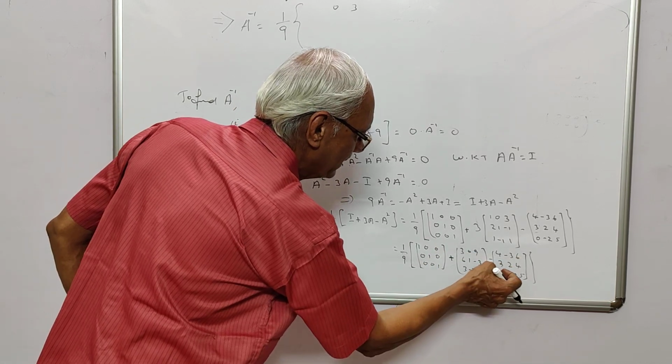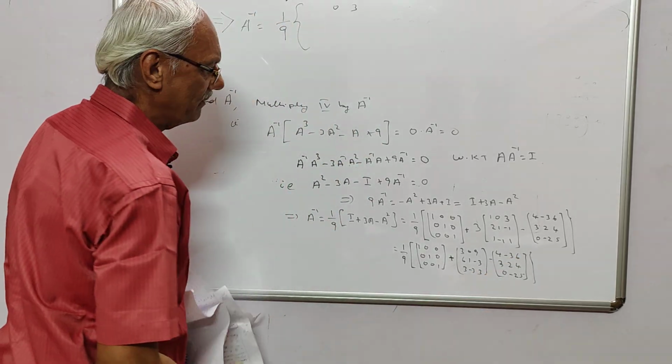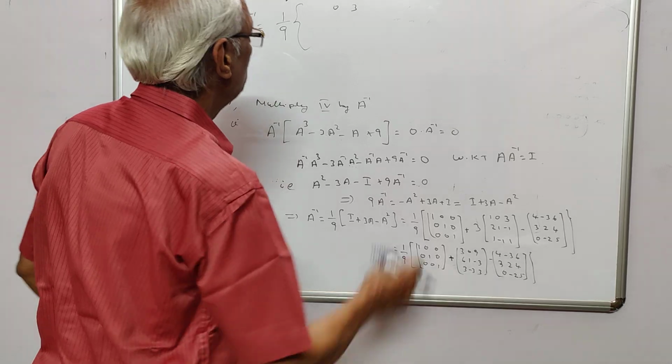You know how you are getting this? So you have to take this minus sign inside. If you want, I will write one more step so that you will understand.